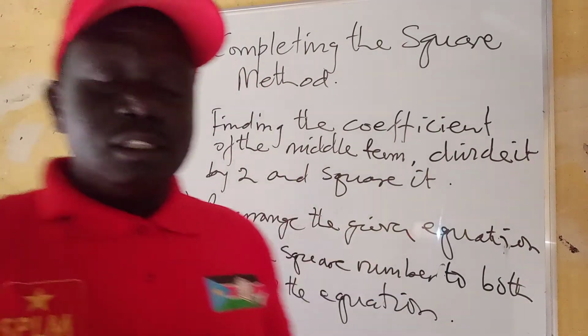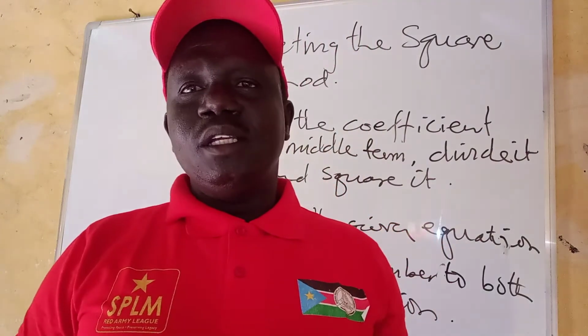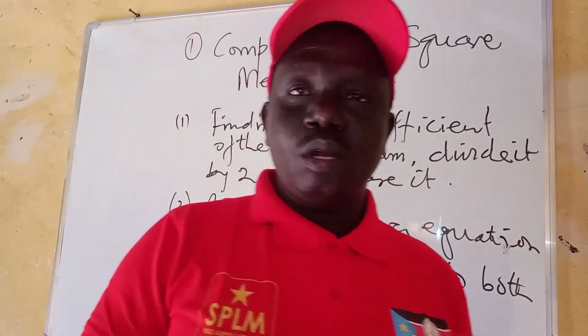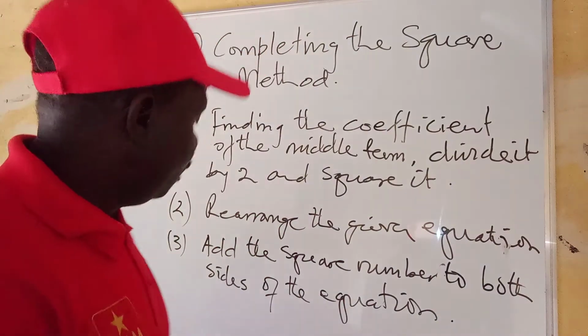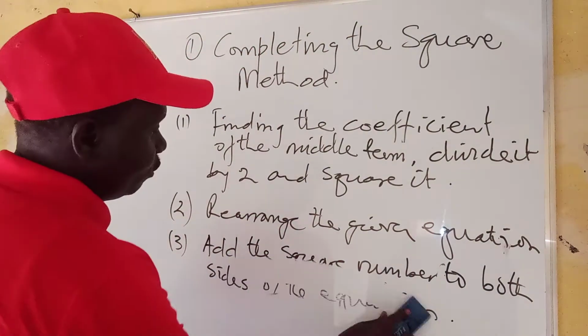These are the three steps that we have to follow in the completing the square method to solve a quadratic equation. Now, let us see an example.